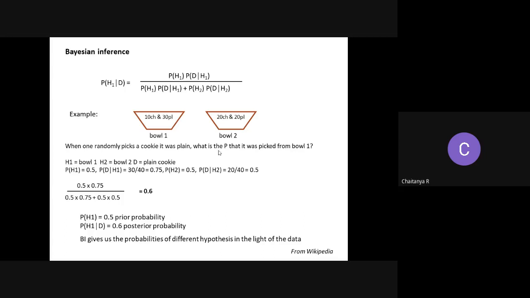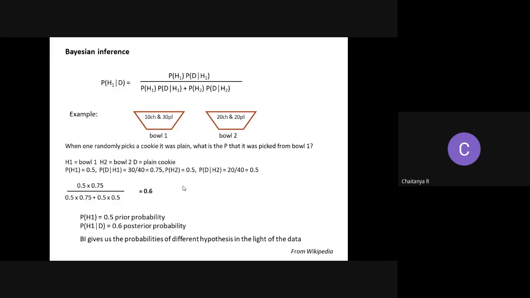It is this kind of question or problem that the Bayesian formula helps solve. The way I would interpret this is, let's say bowl 1 is my first hypothesis and bowl 2 is my second hypothesis. This person has a plain cookie in his hand, and there are possibly two bowls the plain cookie could have come from.